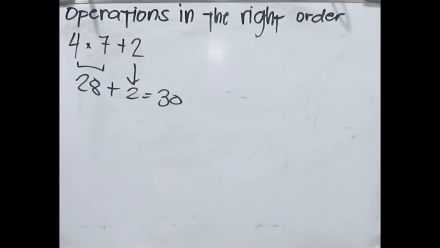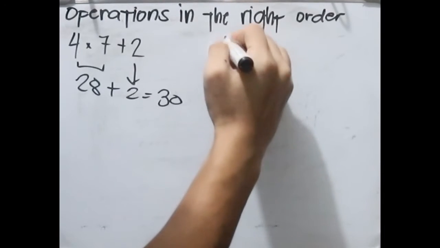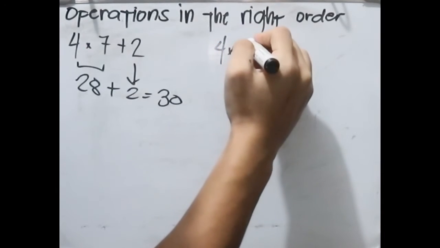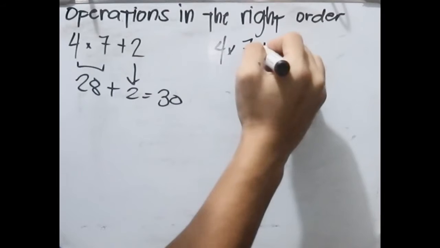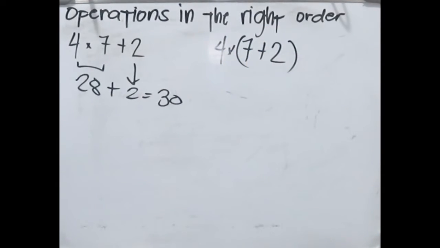So, what if meron na siyang parenthesis? For example, 7 minus 2 plus 2. Meron siyang parenthesis. So, dito, gumagamit tayo ng PEMDAS.